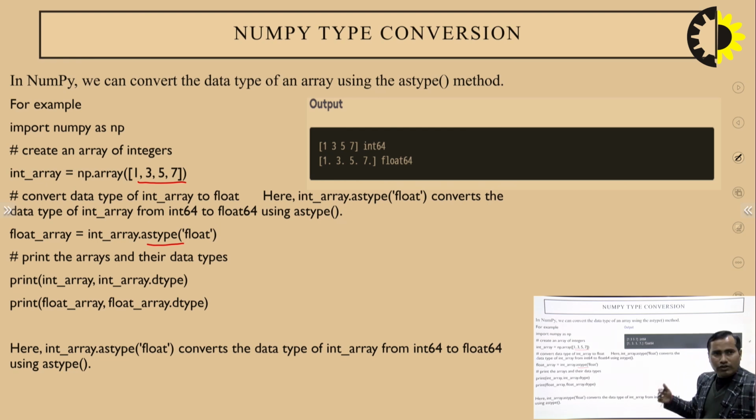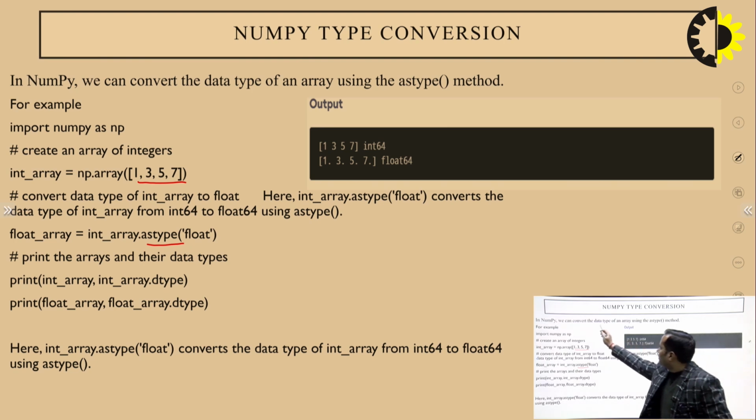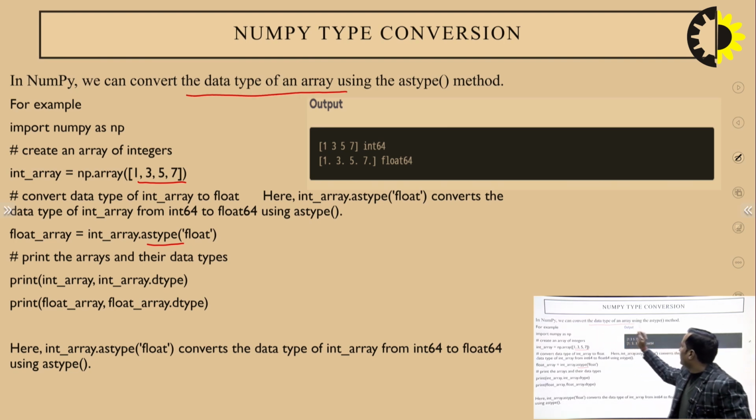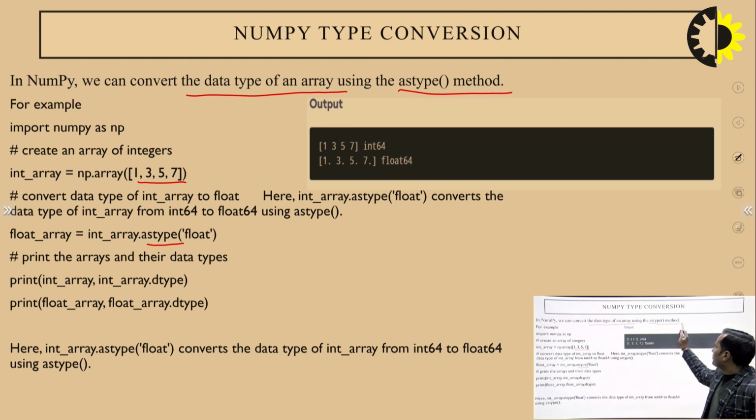Now we want to convert the data type of this array object, so we can use this astype method. So in NumPy, we can convert the data type of an array using the astype method. This method astype can be used to convert the data type of an already existing array.